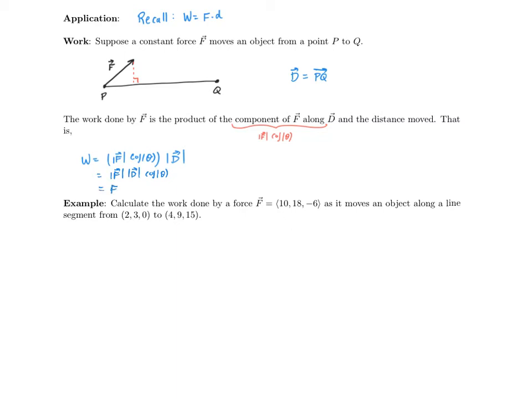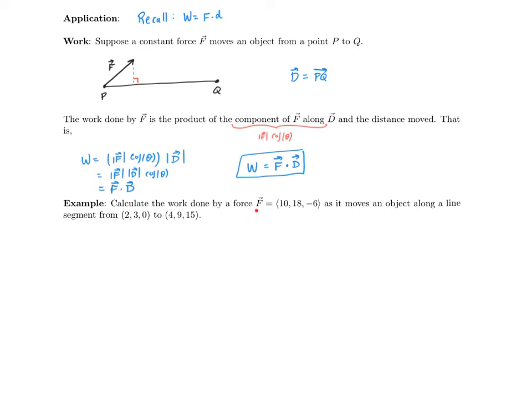That is, this is really F dotted with D. Previously we thought of work as force times distance. In our context, we're going to think of work as force dotted with displacement. This is a concept we will revisit towards the end of the semester, but for now, let's look at a basic example.